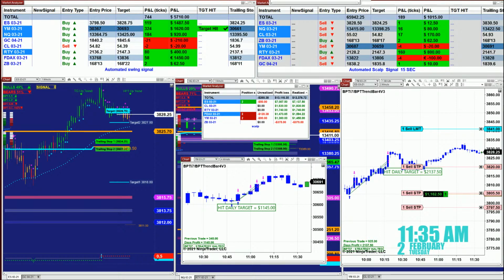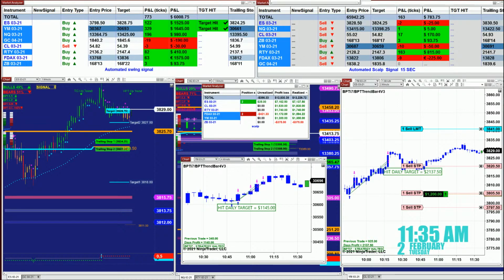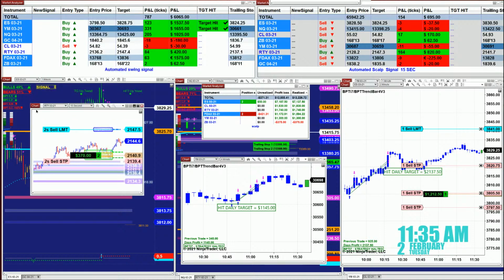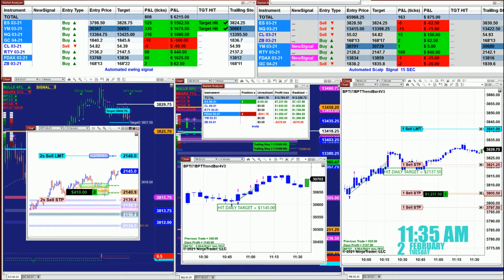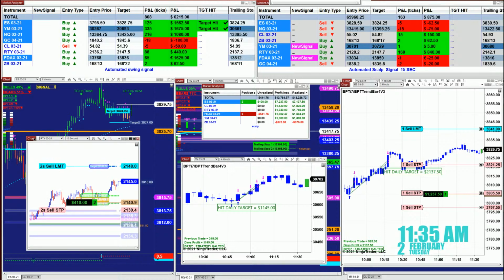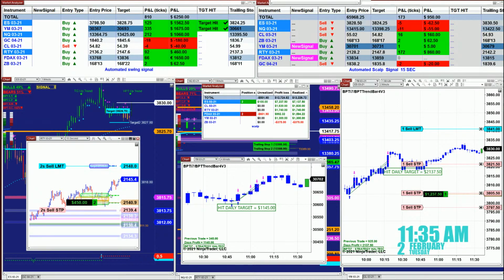On the re-entry, the one we are testing right now, we don't have that many trades. We only have one trade on the re-entry. It's the Russell. And actually, I find that right now, the re-entry is more healthy for a new trader than anything else.